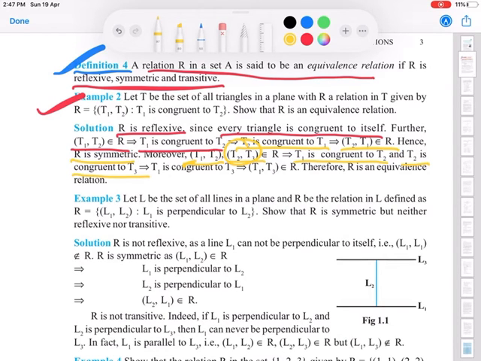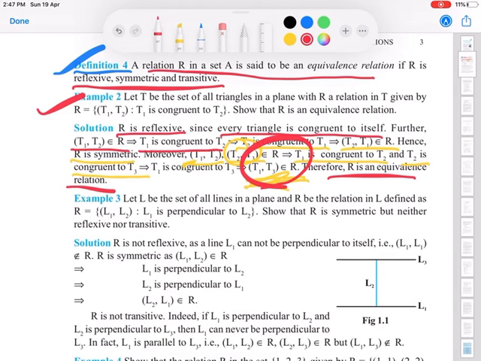That means the first triangle is congruent to the second triangle, and the second triangle is congruent to the third triangle, and that effectively means that the first triangle is congruent to the third triangle. Therefore (T1, T3) belongs to R, and therefore R is an equivalence relation.